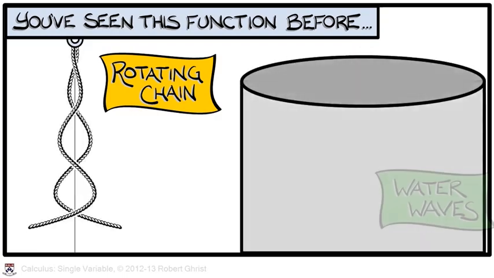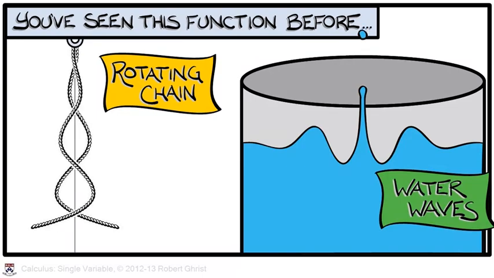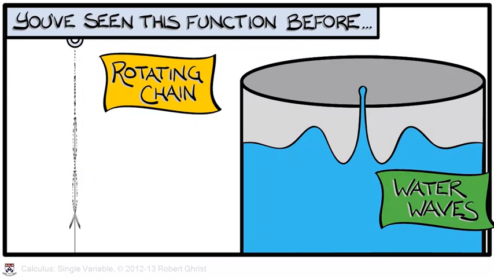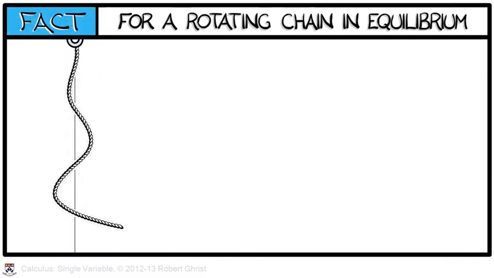If you drop a pebble in some water in a round tank or an open pond, the rippling effect of the waves is going to be very closely related to such a Bessel function. These are not too unusual, even in everyday occurrences. In fact, for a chain or a rope that is rotated in equilibrium, we can describe the displacement away from the vertical axis, r, as follows.